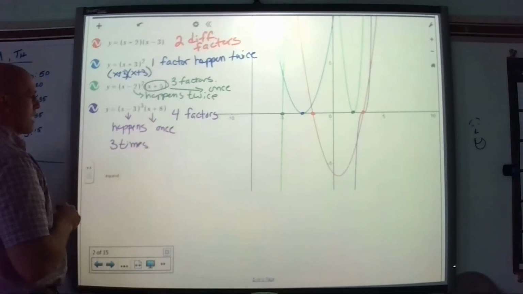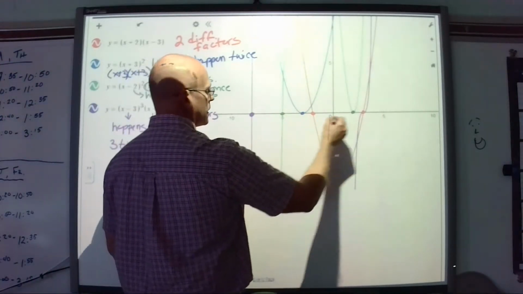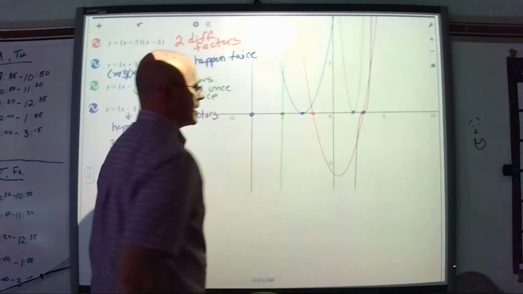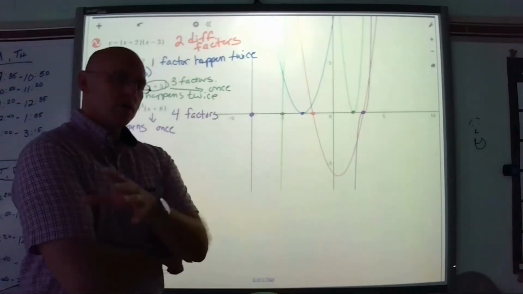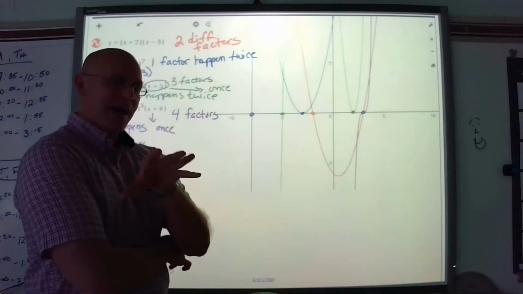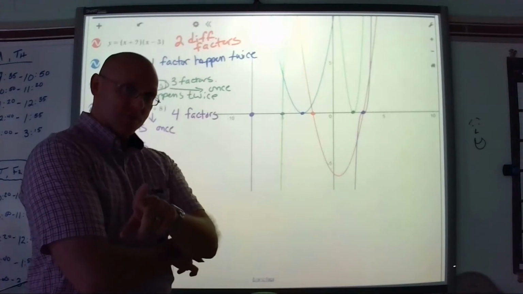And if I go over to my graph, here it is, the purple one. It's here and here. Now there's a reason I'm doing this, because I want to look at the relationship between the factors and what the graph is doing at the zeros.